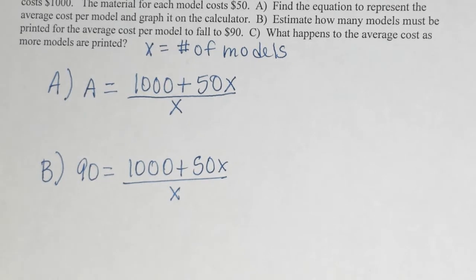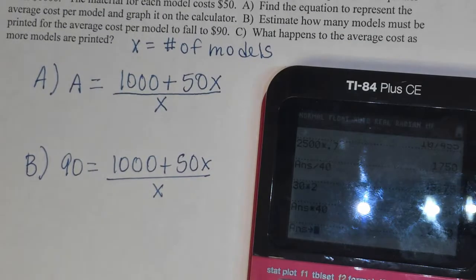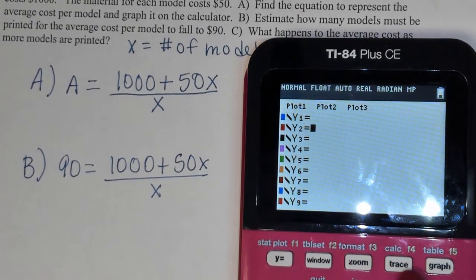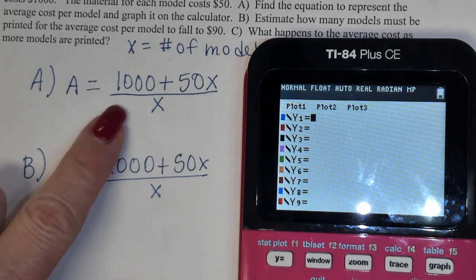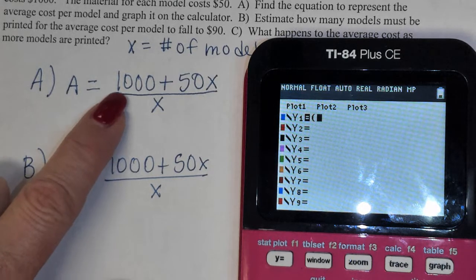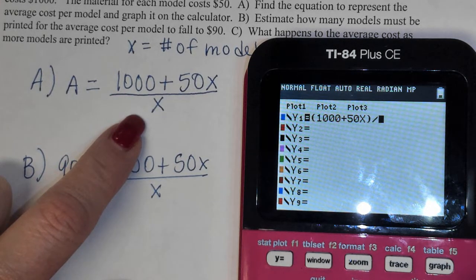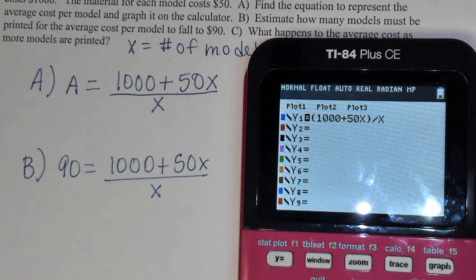You could put it into y equals. All right, let me go ahead and do it that way since that was the suggestion. Let's go to y equals. So I'm going to put in this price right here. I have to use parentheses because I want this entire thing. That's very important, guys. You have to use parentheses so that that entire thing gets divided by x. And then what do I want this to equal?